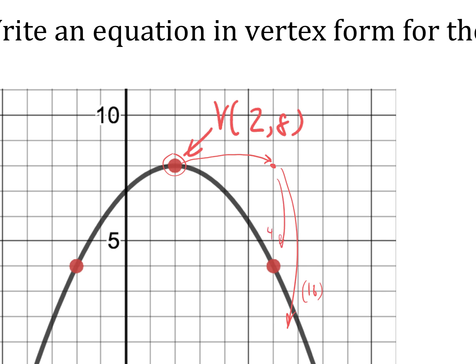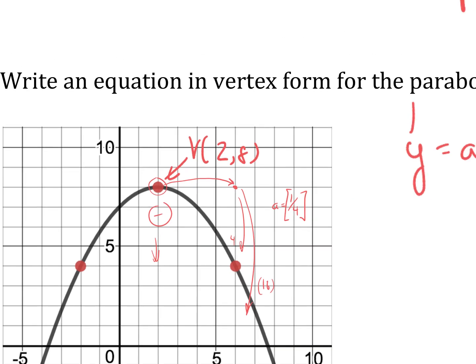So what was that vertical expansion or compression? Well, it had to be, sorry, 1/4. The a here has to be some version of 1/4. Which version? Well, it must be negative because this thing opens down.